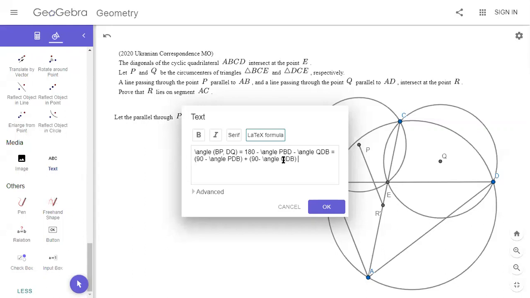And that should be equal to half angle BPE plus half angle EQD, which is equal to angle BCE plus angle ECD.